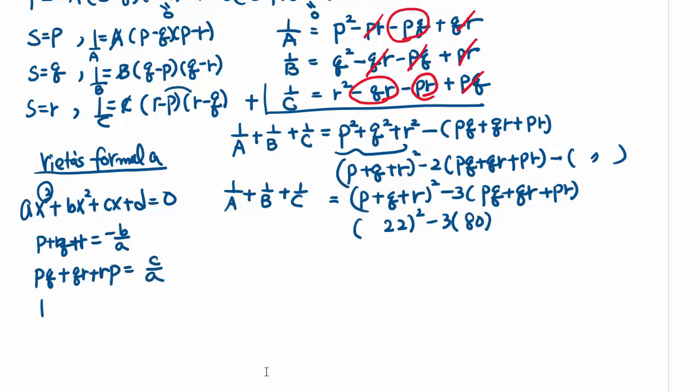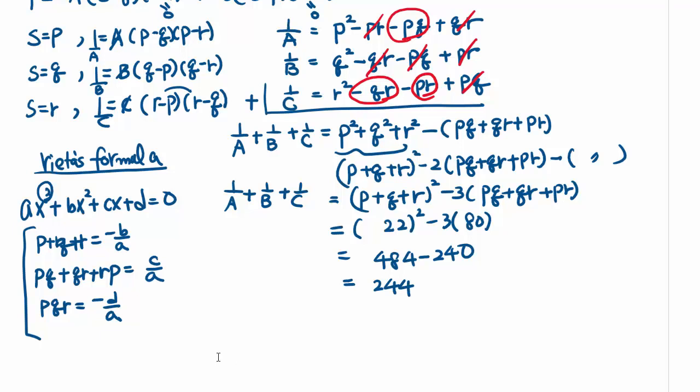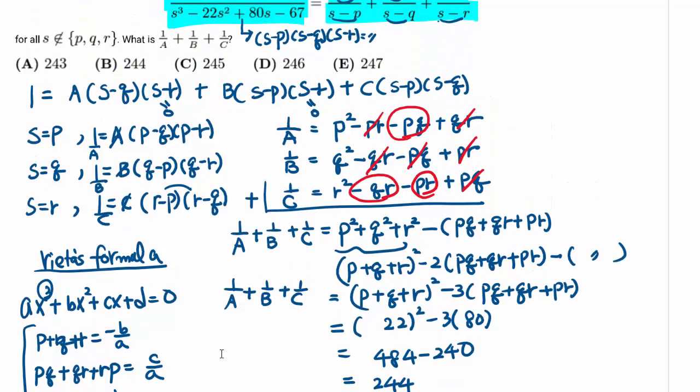The product of the roots pqr is negative d over a. This is Vieta's formula; you have to memorize it. So this equals 22 square, which is 484, minus 240, which is 244. That's the answer. Can you see the answer, 244 here? All right.